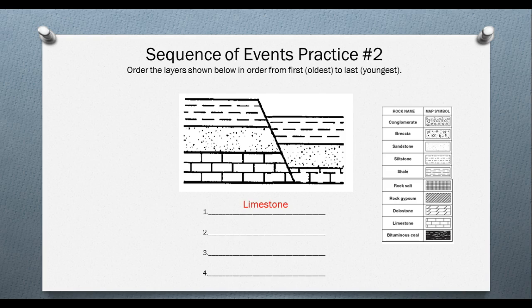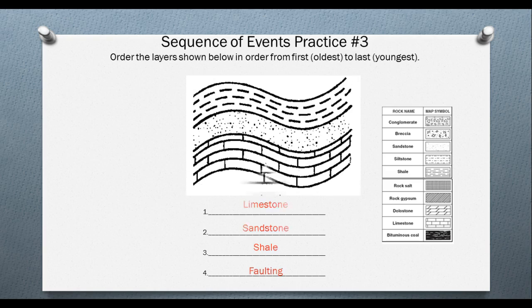And then we had the next layer of sandstone being deposited, followed by the shale, and then followed by the faulting. Now again, we know the faulting happened last after all of these layers because it's going to be younger than the layers it affects, and it affected all 3 layers.